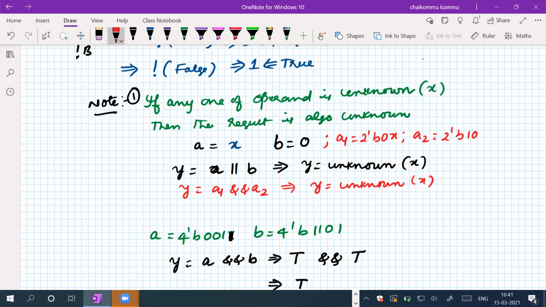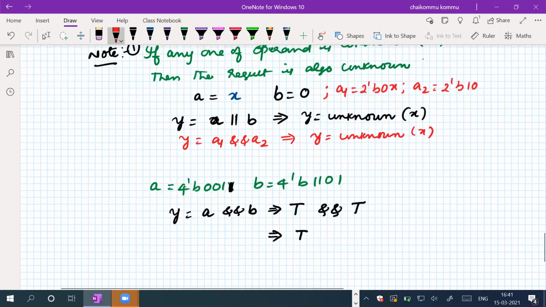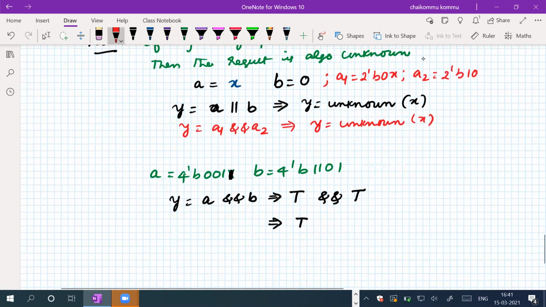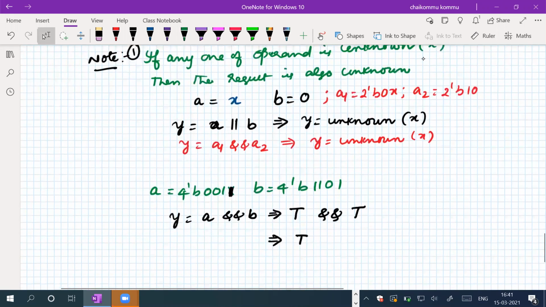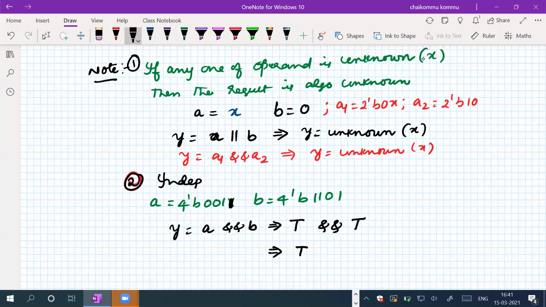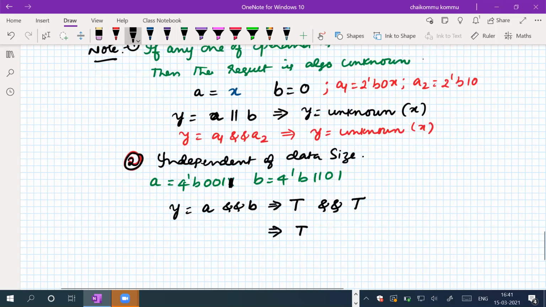So this is note number 2: independent of data size or operand size, whatever it may be.